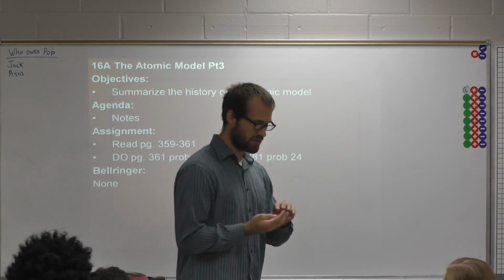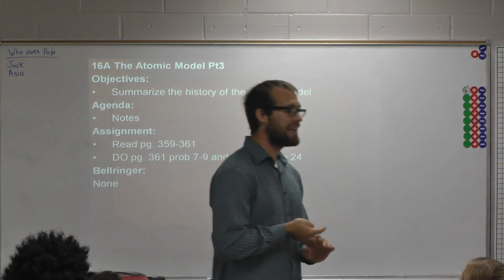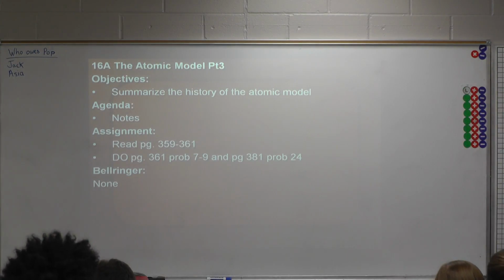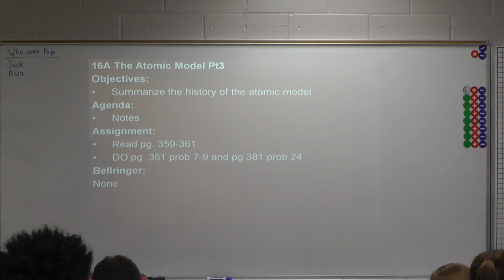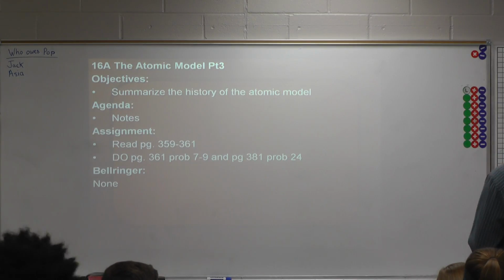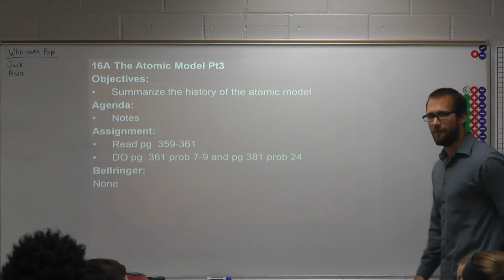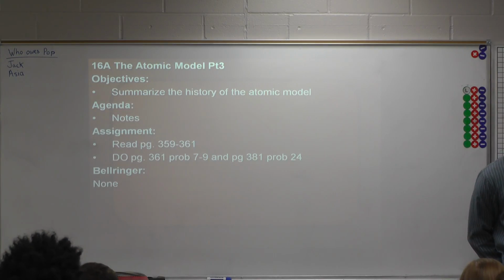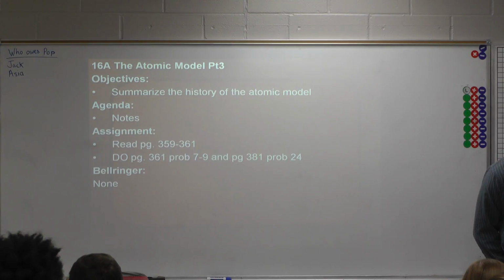Next came John Dalton. Now he's the first guy to do what? Experiment. Okay? Then he also did something that may not be as obvious to you guys, which was how he used the law of definite composition to assign relative masses to things.